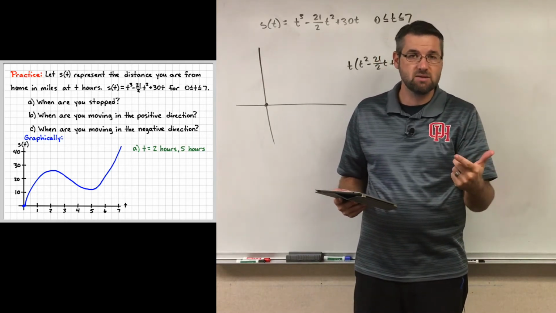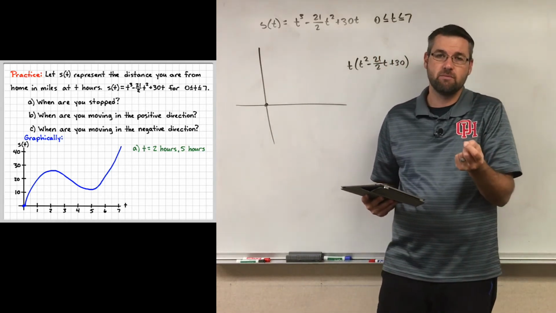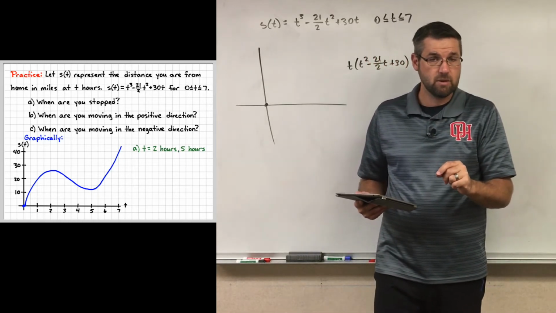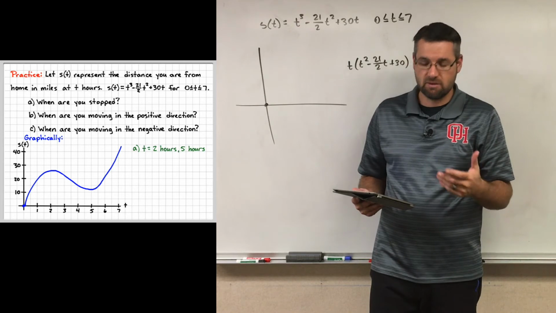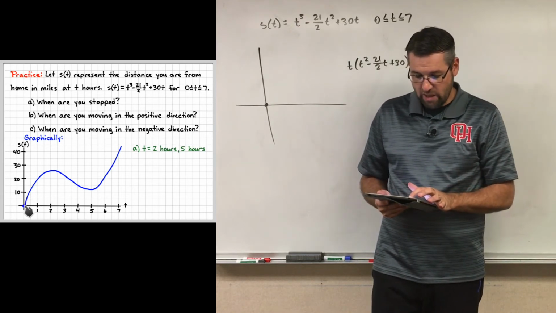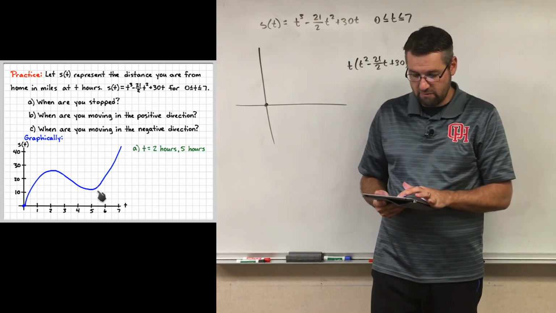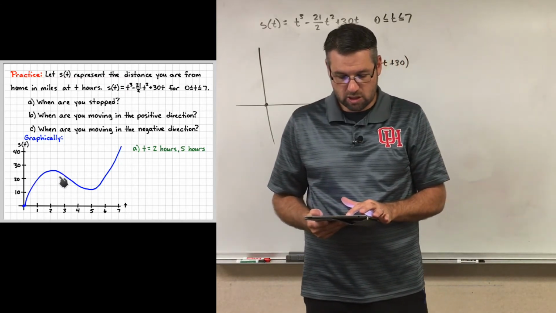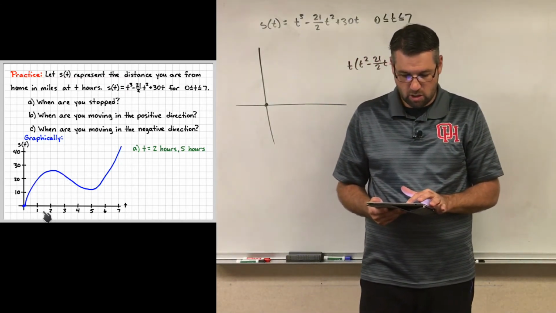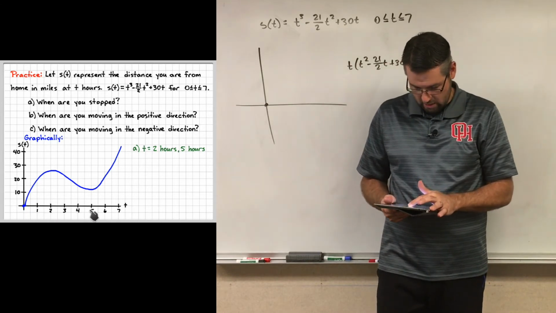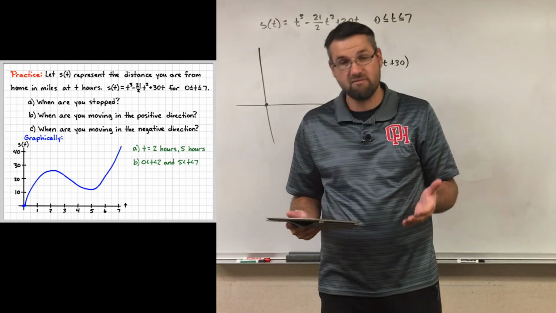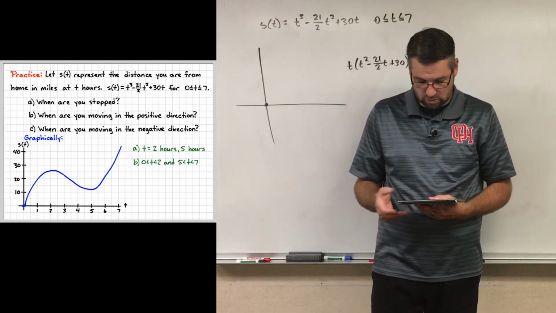We're moving in the positive direction when the velocity is positive. Well, when is the velocity positive? The velocity is positive when the slope of this graph is positive, or in other words, when this graph is increasing. So this graph is increasing from 0 to 2 and from 5 to 7. So we'd write it from 0 to 2 and from 5 to 7 hours, essentially.